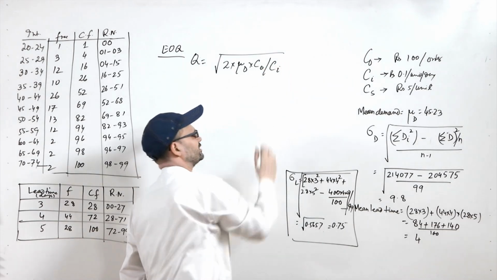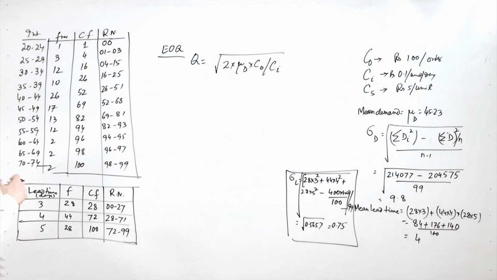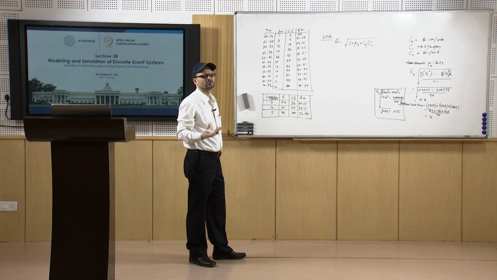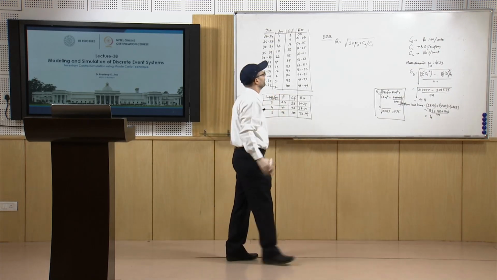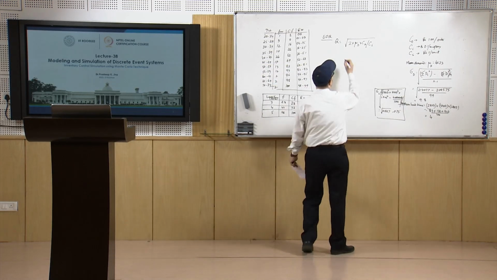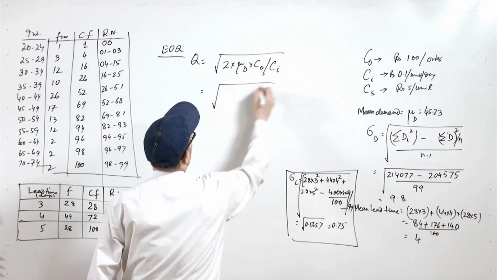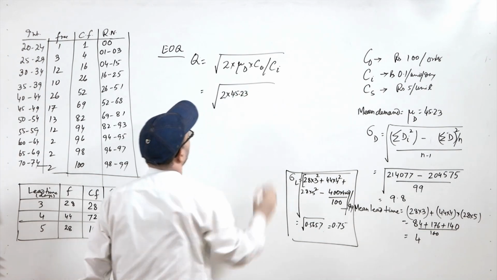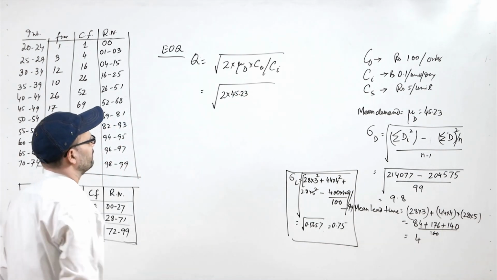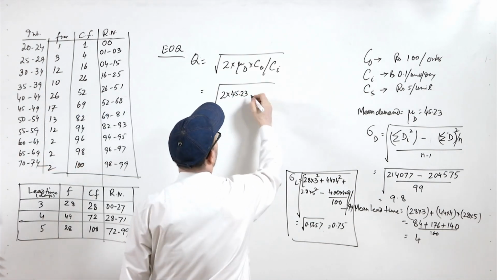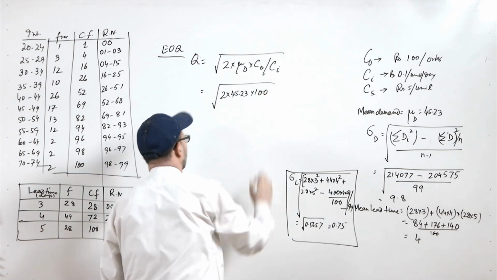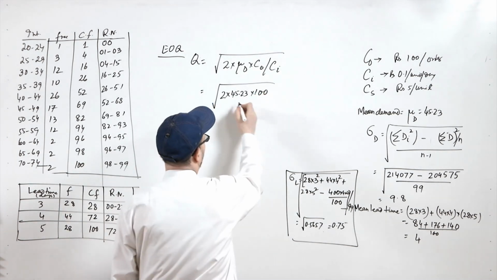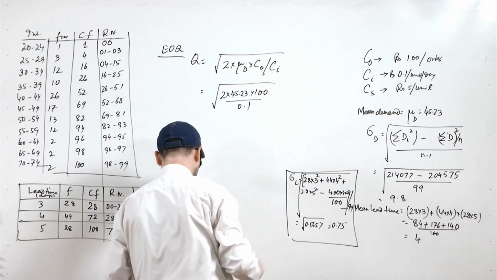You can refer to this; maybe you can take other parameters into account also, but we have not taken that. Putting the values in the formula, you have the mean as 45.23, C naught given as 100 rupees per order, divided by 0.1.